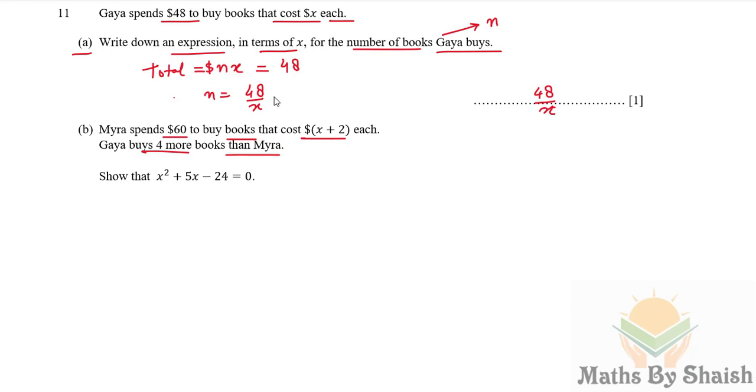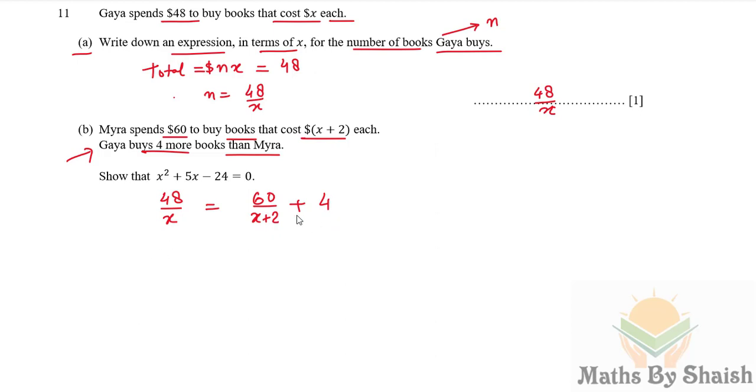As we discussed in part A, the number of books which Gaya buys was 48 over X, and the number of books Myra has bought is 60 over X plus 2. It is given that Gaya buys 4 more books than Myra, so 48 over X equals this plus 4, then only it would be balanced.